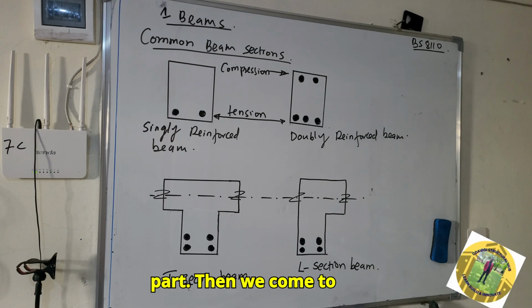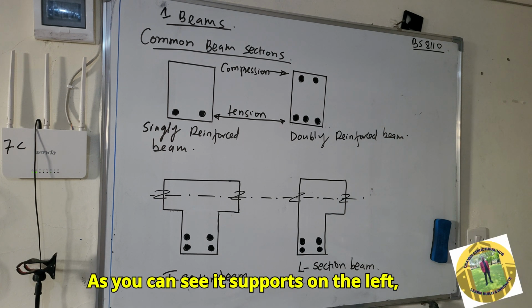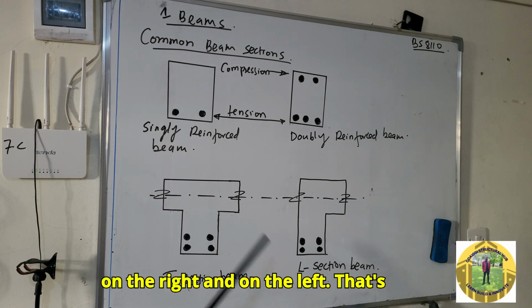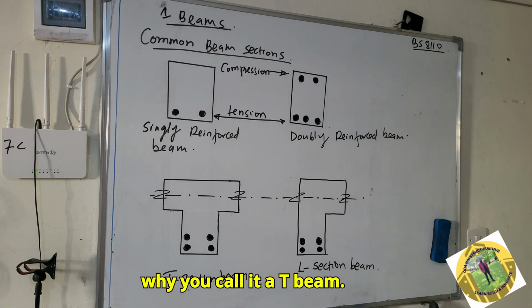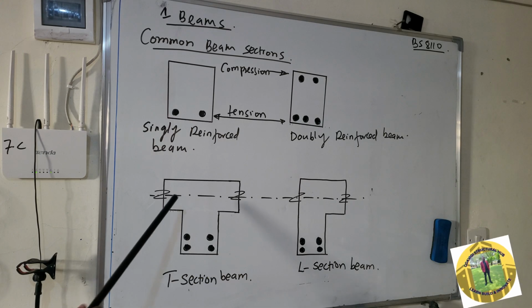Then we come to T section beam. So for T section beam, it supports both sides. As you can see, it supports on the left and on the right. That's why you call it a T beam. So this one can be a floor.